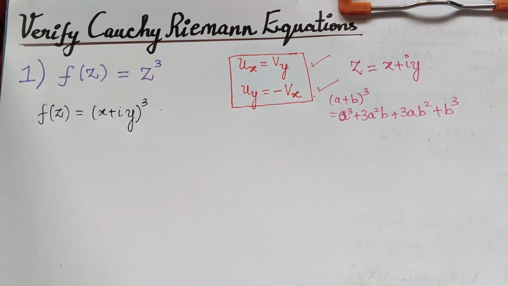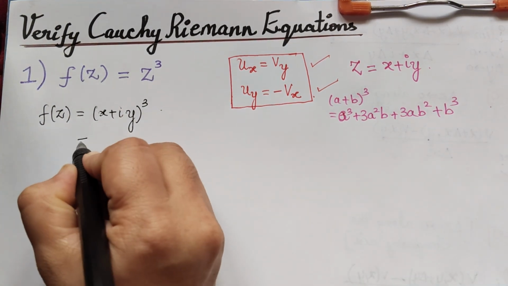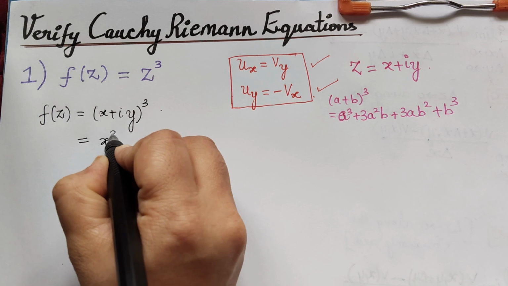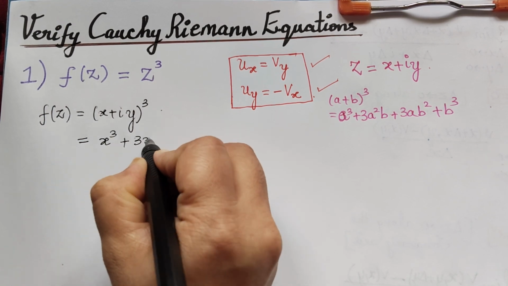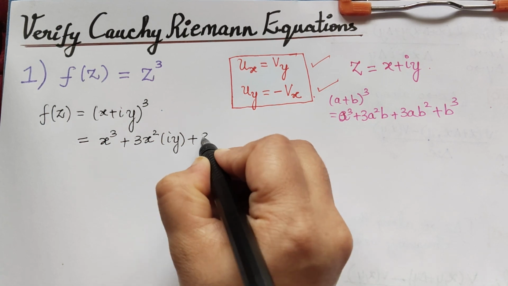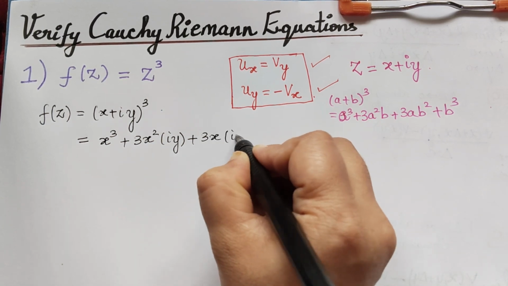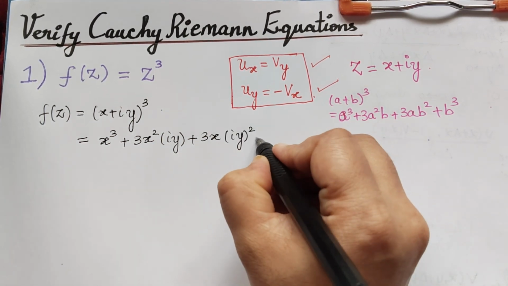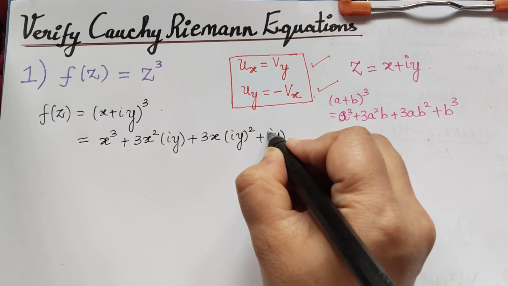So using this, when we expand, we get x cube plus 3x square multiplied with iy plus 3x multiplied with (iy) square plus (iy) the whole cube.